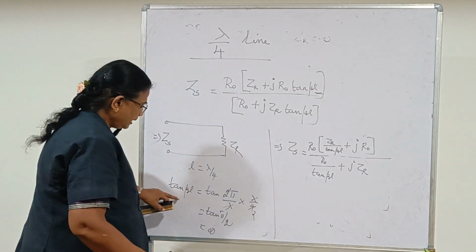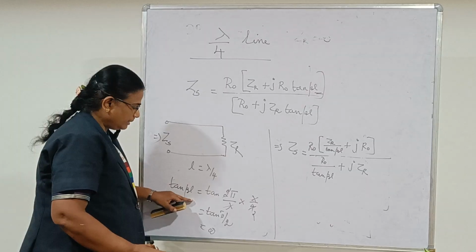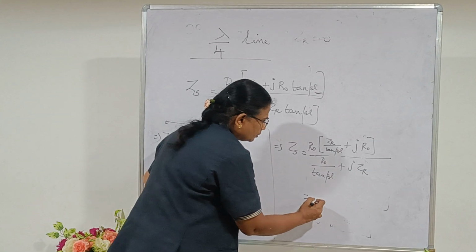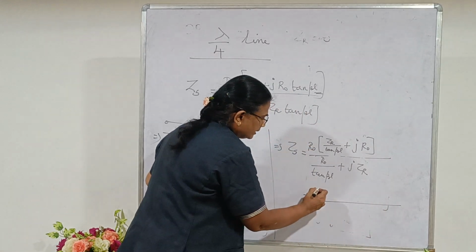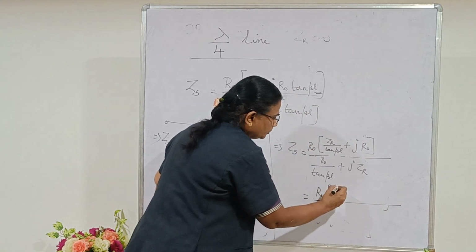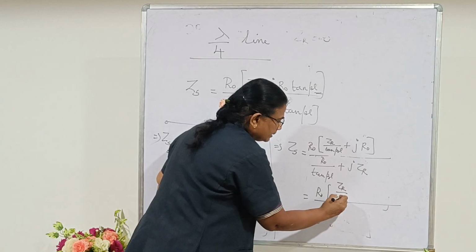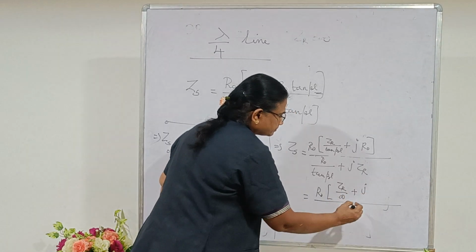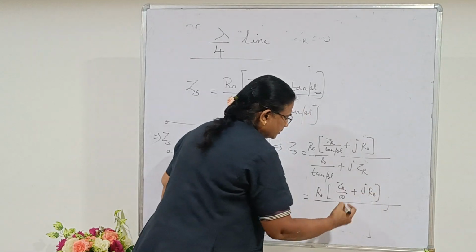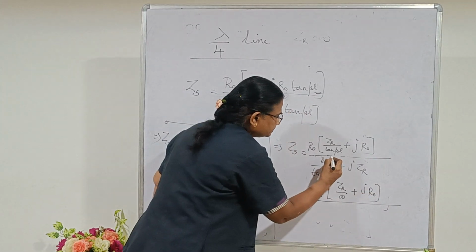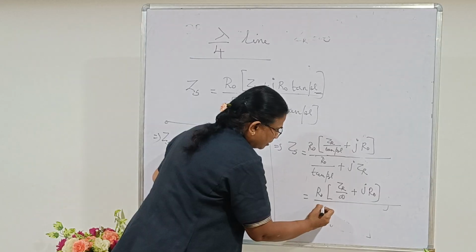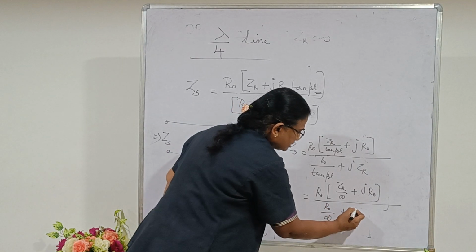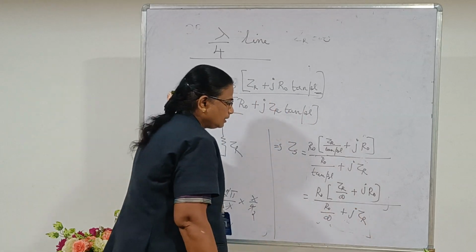Now, for lambda by 4 line, tan beta L is found to be infinity. So now you can substitute tan beta L as infinity. So R0 into ZR by infinity plus J R0, divided by R0 by infinity plus J ZR.